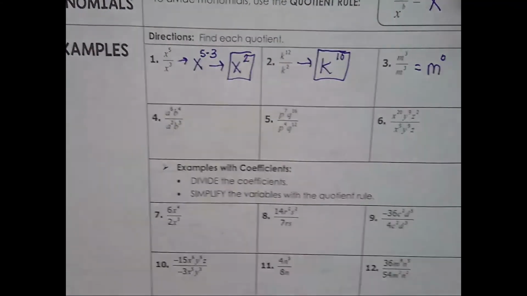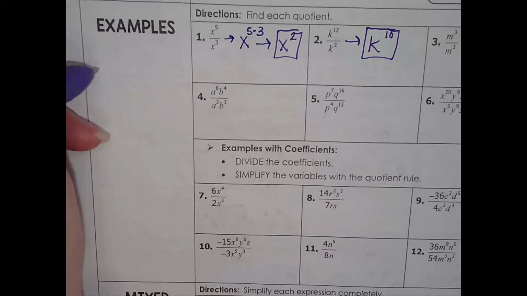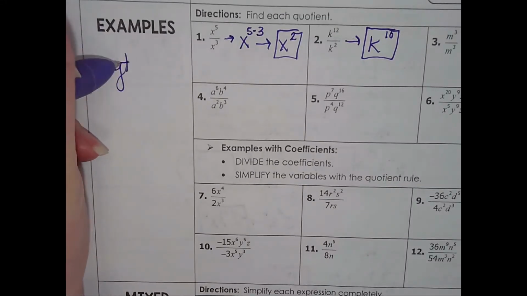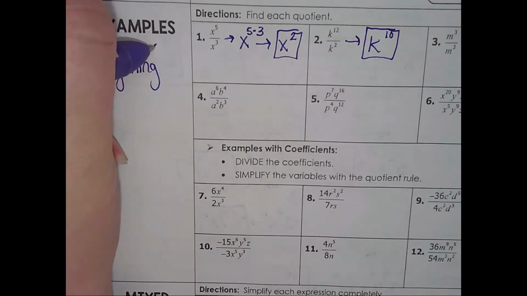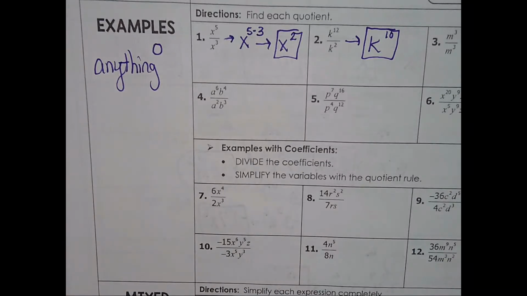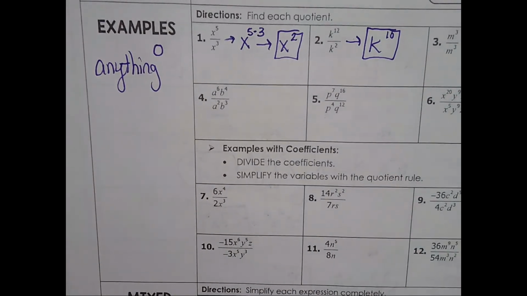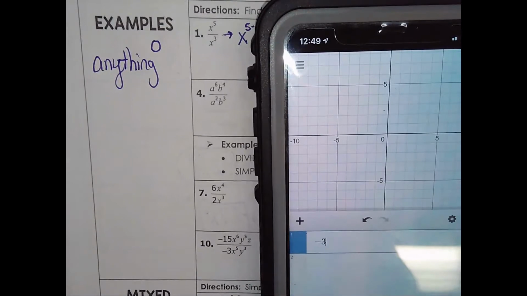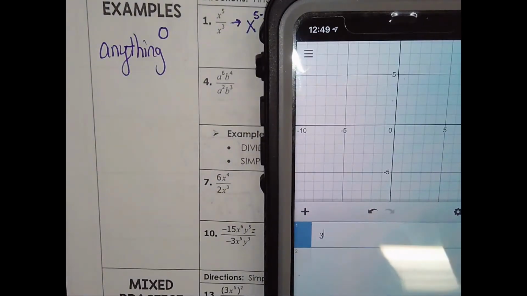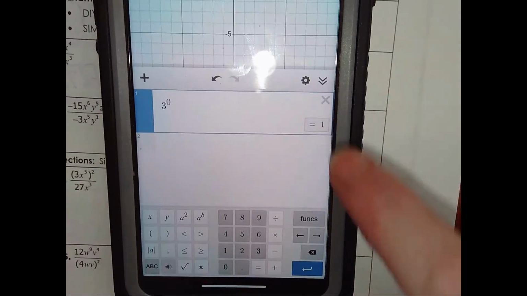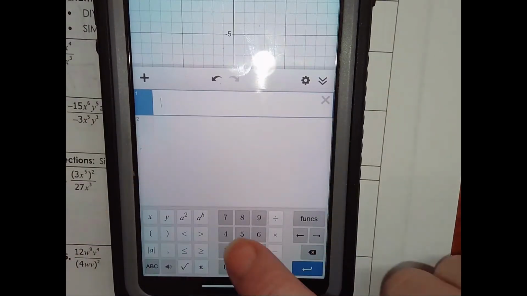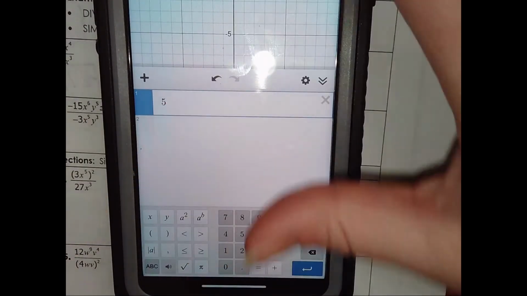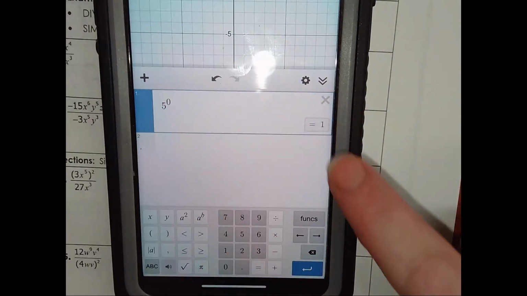Anything to the 0 power, we'll start talking about this today. In your calculator, I'll even show you. If I take 3 to the 0, I get a 1. If I take 5 to the 0, I get a 1.